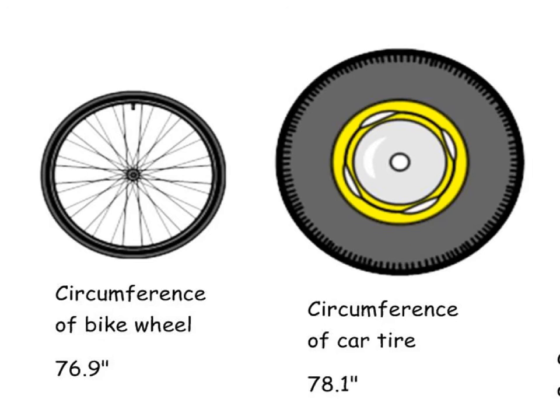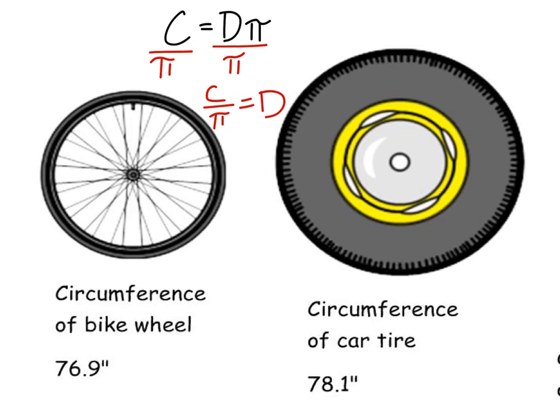All right, once again, the circumference is the diameter times pi. So to find the diameter, we divide both sides by pi, and we get the circumference divided by pi equals the diameter. For the car tire, they gave us a circumference of 78.1.